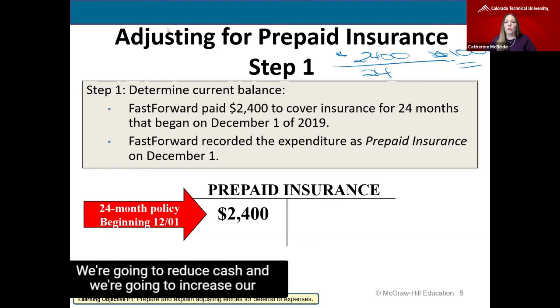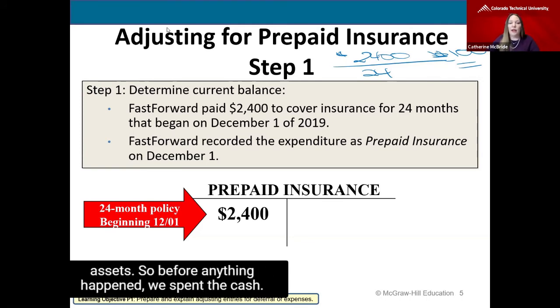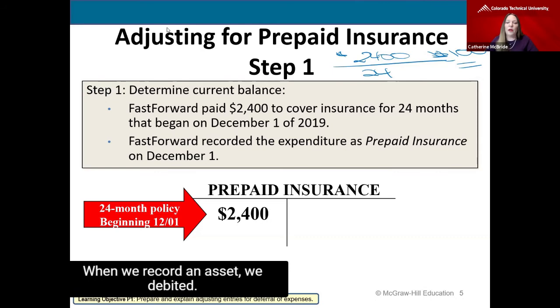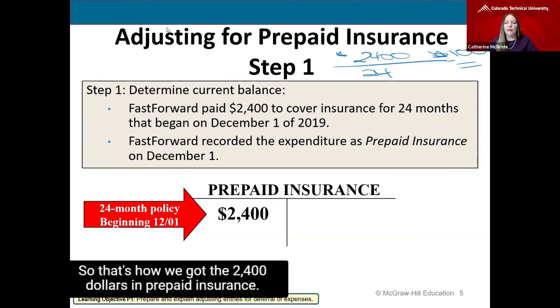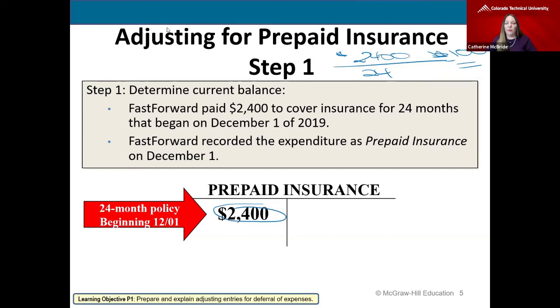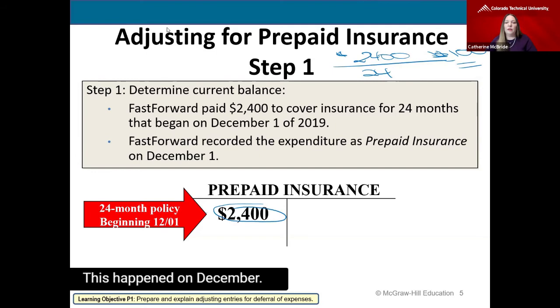We're going to reduce cash and we're going to increase our asset. So before anything happened, we spent the cash, so we reduced cash and we recorded our asset. When we record an asset, we debit it. So that's how we got the $2,400 in prepaid insurance. That's where we're sitting right now. This happened on December 1st.